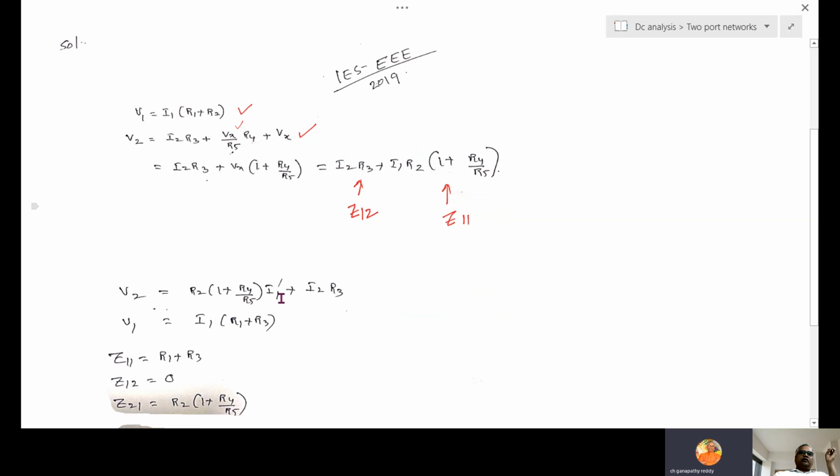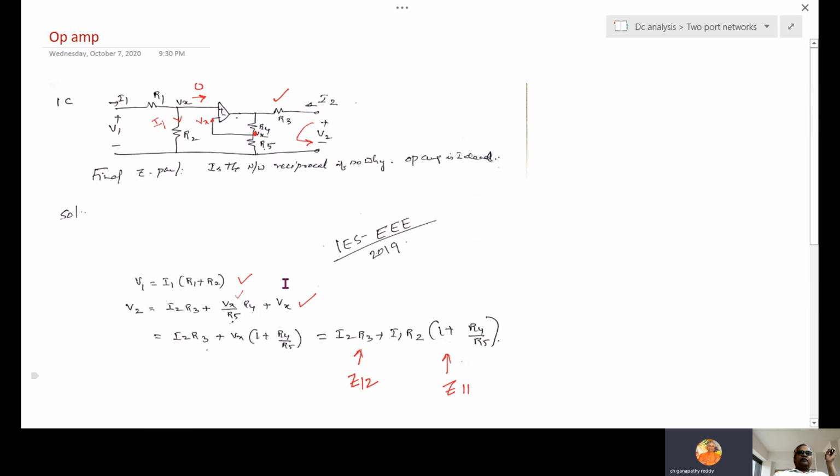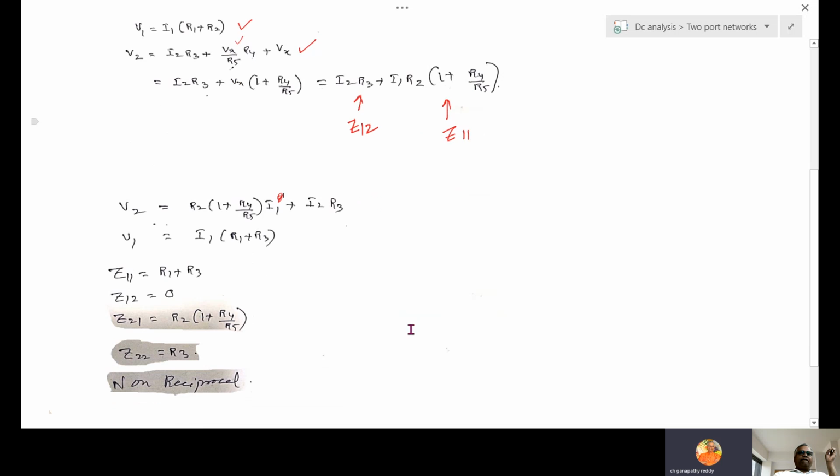So this is I1. I1 into R2 into 1 plus R4 by R5. Same V2 expression. So V2 in terms of I1, I2, already got it. V1 in terms of I1.